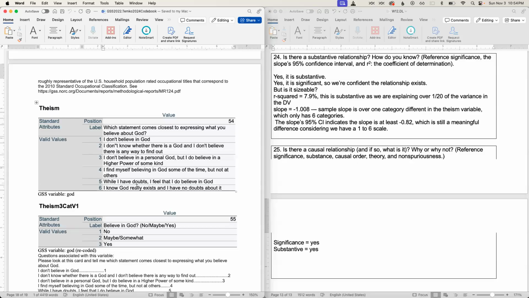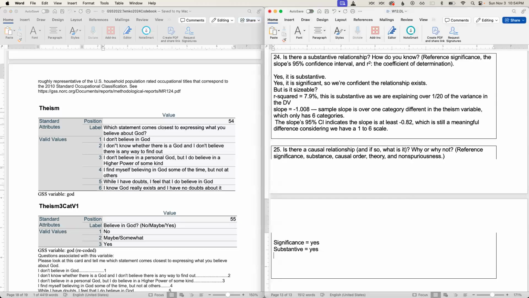Obviously, somebody could believe in a God that says, go use marijuana, make it legal. But I would say that probably their theism is more influencing this particular political belief. So I think the causal order is wrong. It's reversed.